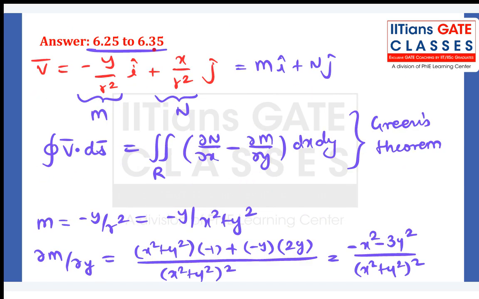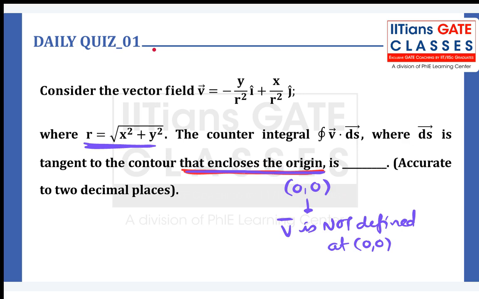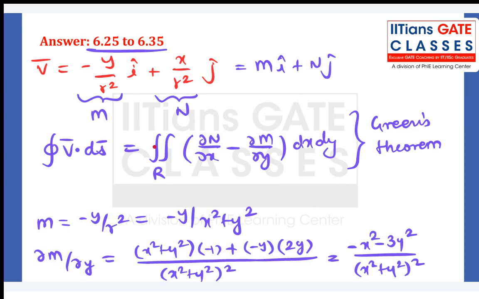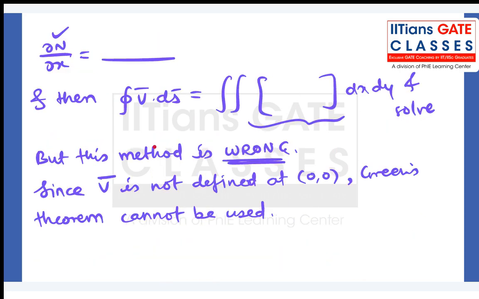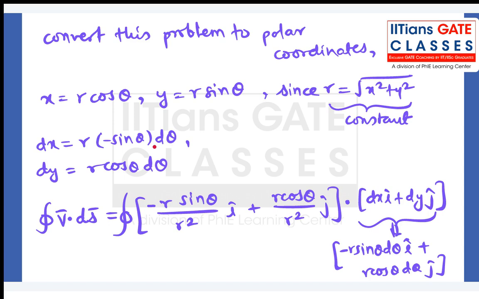So this was a trickier problem, because first of all you should know that since they are enclosing the origin and your vector field is not defined at the origin, Green's theorem is not applicable, though that is the most common way students will go to solve this problem. And this other hint was given that r is square root of x square plus y square, so you are supposed to use that and convert the problem into polar coordinates, and then everything simplifies pretty quickly.